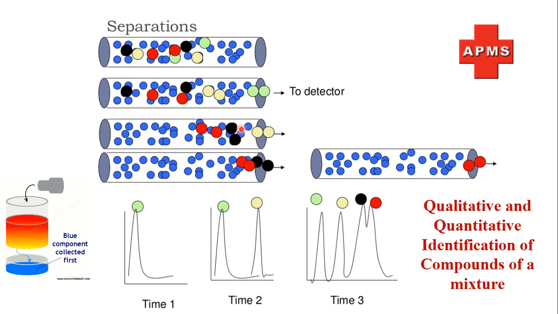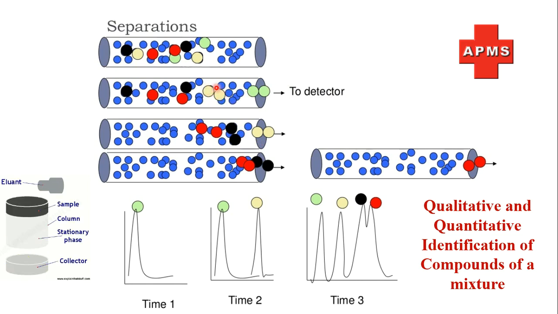Now second, it has comparatively high retention time inside the column compared to these green particles, so it is eluted after this, then black color, then red color.